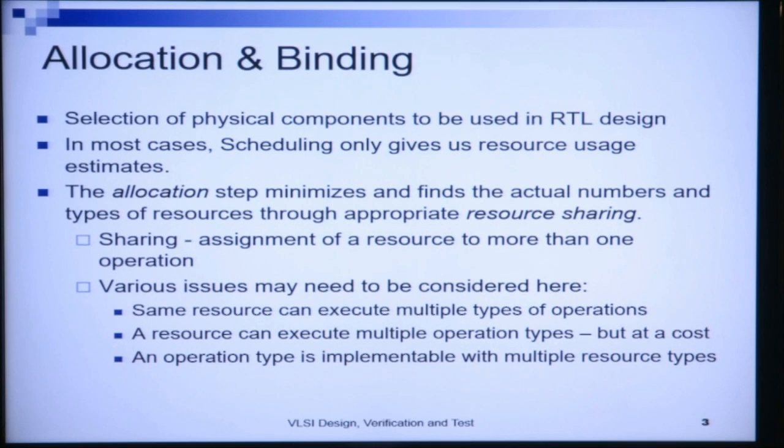Now here the same resource can execute multiple types of operations, but it comes with a cost. For example, let us say that we can combine a multiplication and an addition as an example. However, the combination of addition and multiplication comes with a cost, because it requires a more complicated functional unit, say.